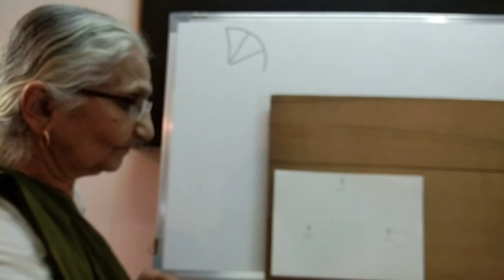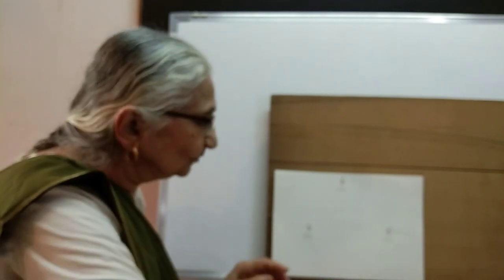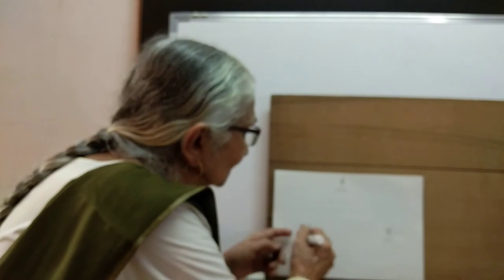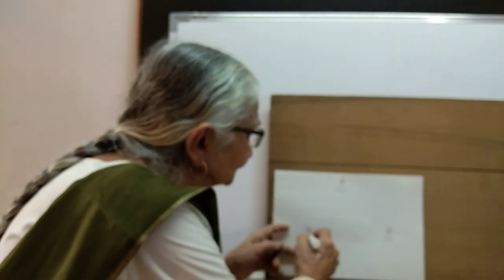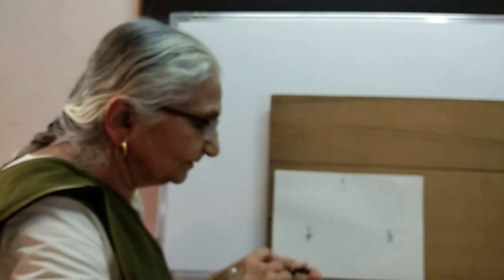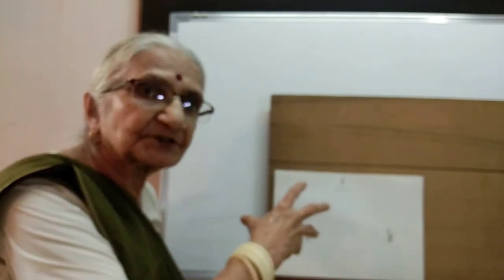Well, okay, coming to an ellipse. An ellipse has two foci. The two foci we shall call, as we decided, F dash and F. So this is F dash and this is F, and at the two foci we have fixed two pins, but we have not pushed them all the way in.